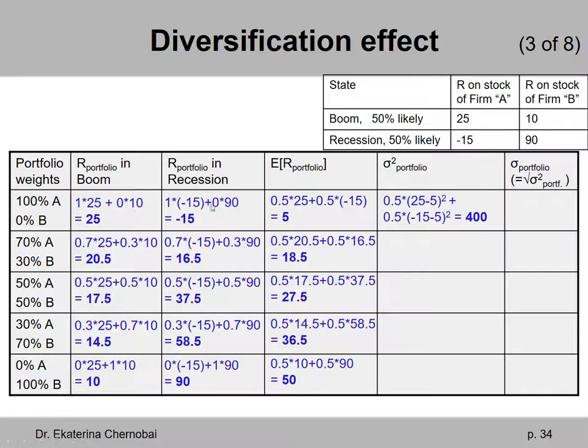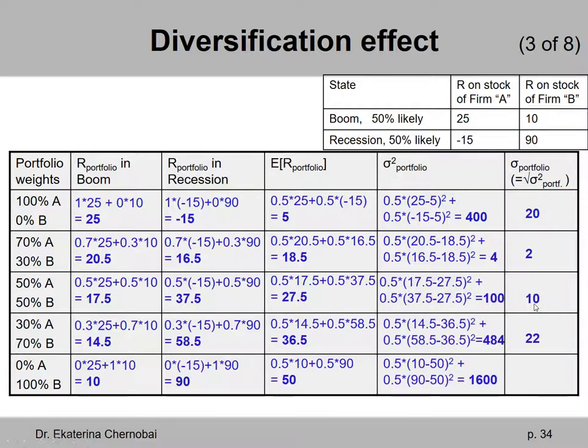And that difference is squared, plus the probability of the recession state, 50%, or 0.5, multiplied by the portfolio return in the recession state, minus 15%, minus portfolio expected return, 5. And the difference is squared. This gives us 400. The square root of that is 20. 20% average distance from the 5% expected return in either direction.